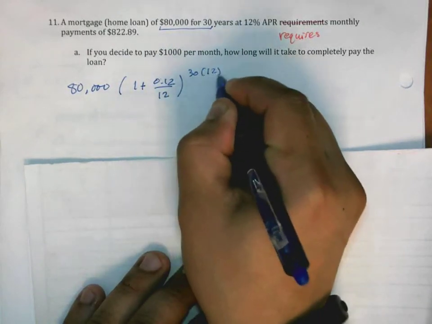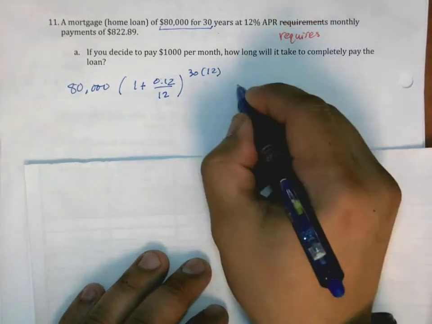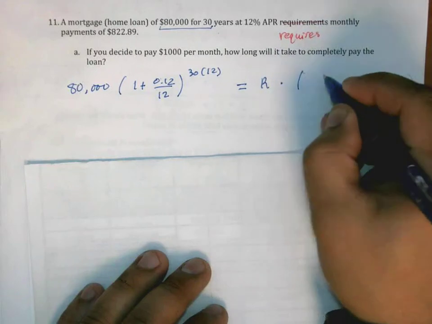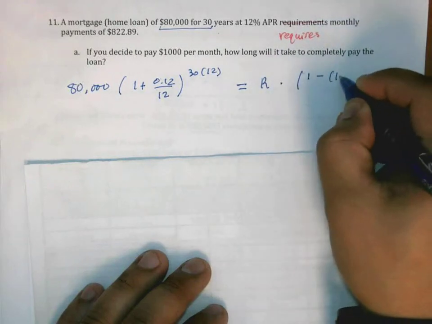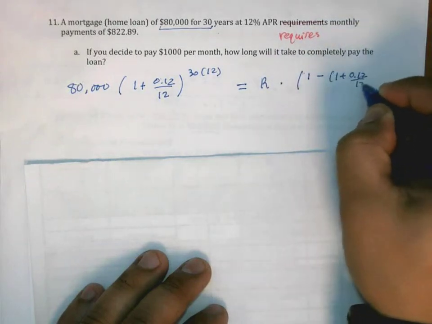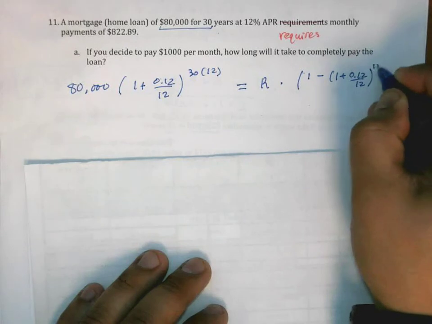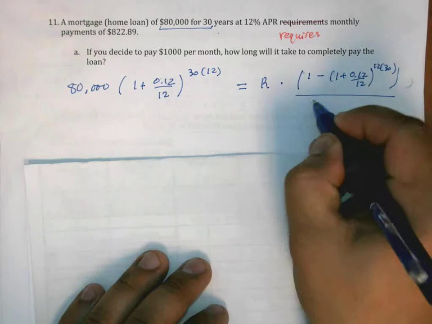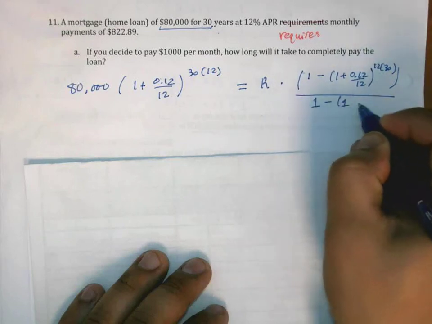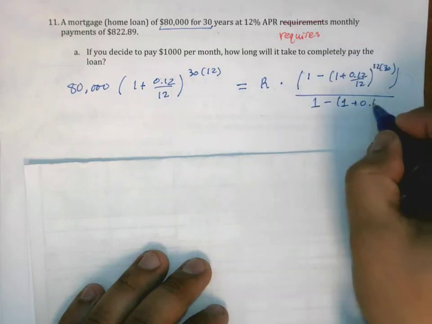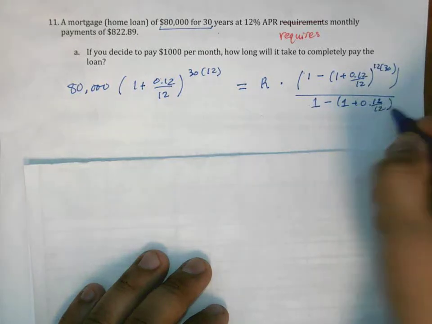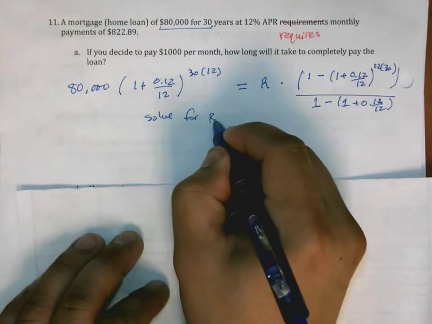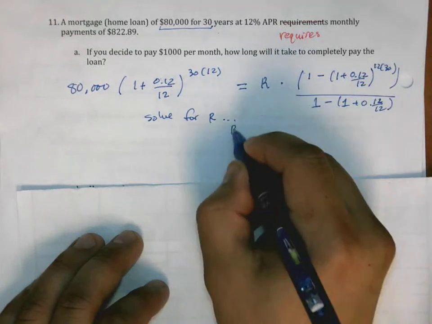And if you set this equal to R times 1 minus 1 plus 0.12 over 12 raised to the 12 times 30, and all of that over 1 minus 1 plus 0.12 over 12, and we solve for R, we know that it would be $822.89.